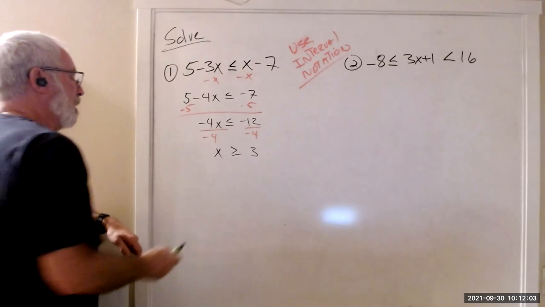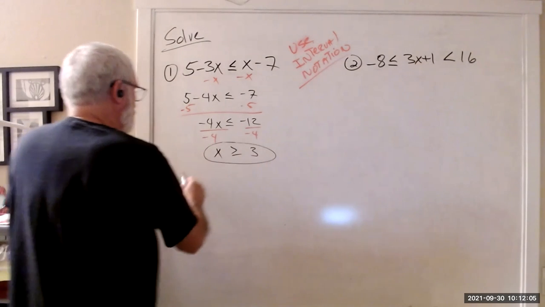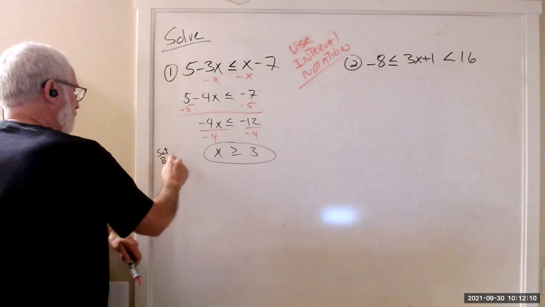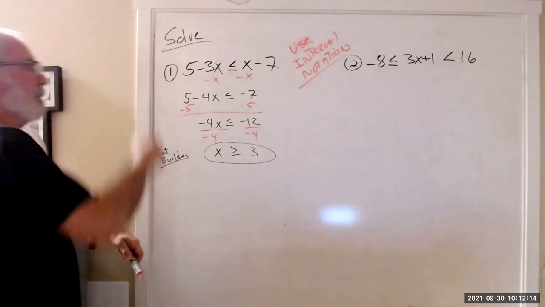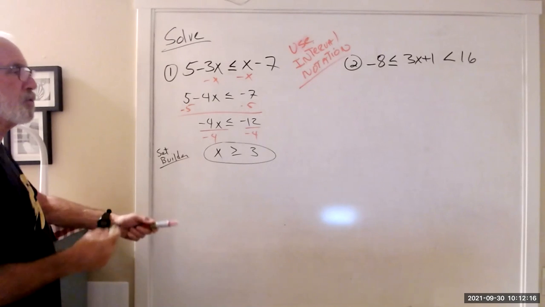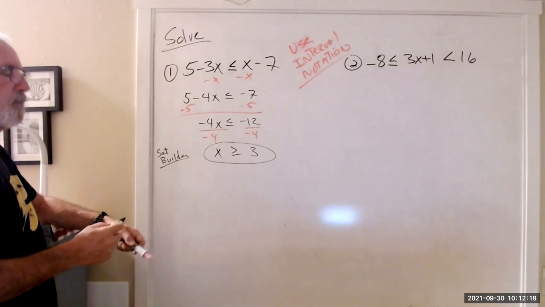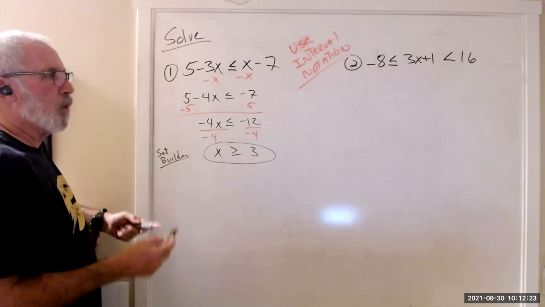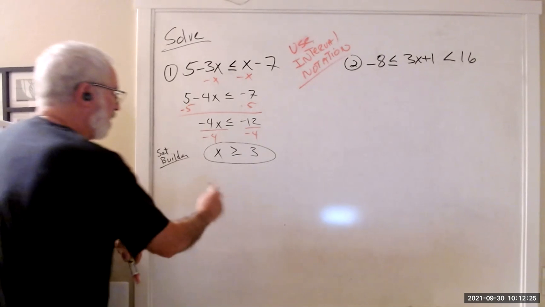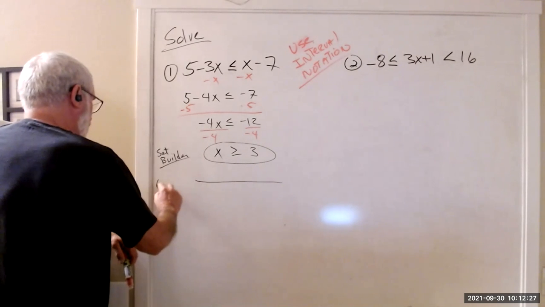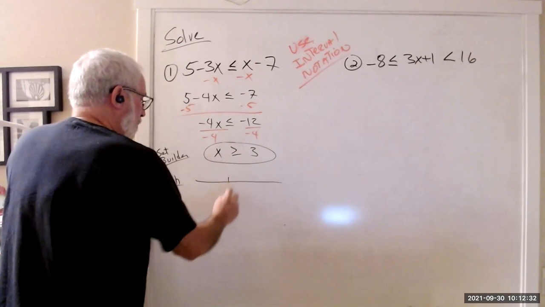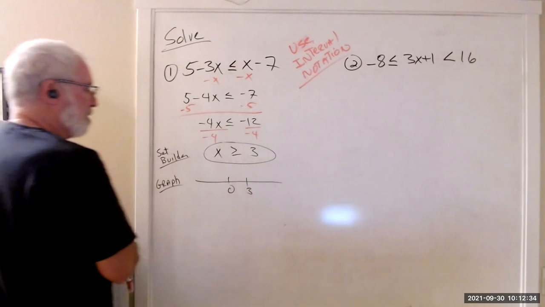Okay. If you stop here, this is known as set builder notation, but I added that I want you to use interval notation. Interval notation mimics what the graph would look like. So if we graph this, here's 0, here's 3.